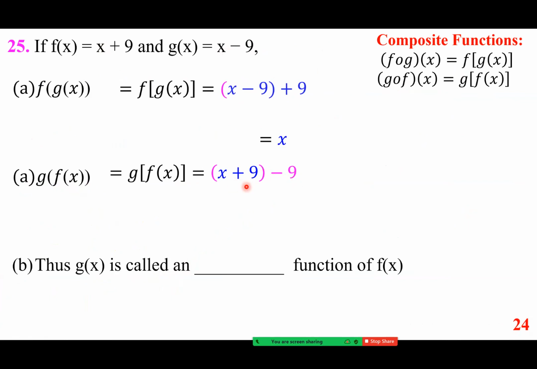They cancel each other, 9 and negative 9, we get x. So what does it mean? Because f of g equals g of f equals x, the two functions must be inverse of each other. We proved the two functions are inverse functions.